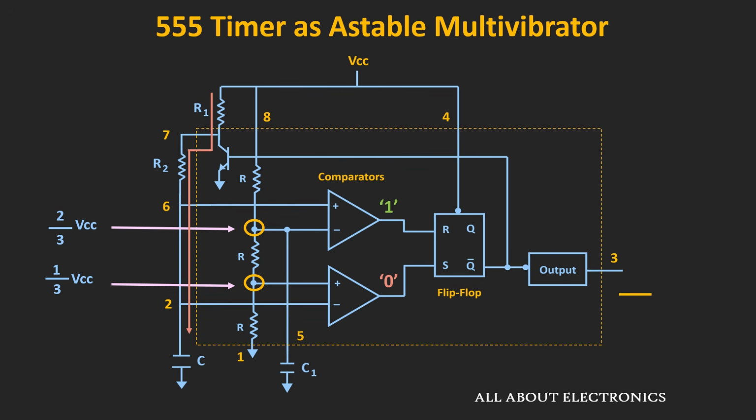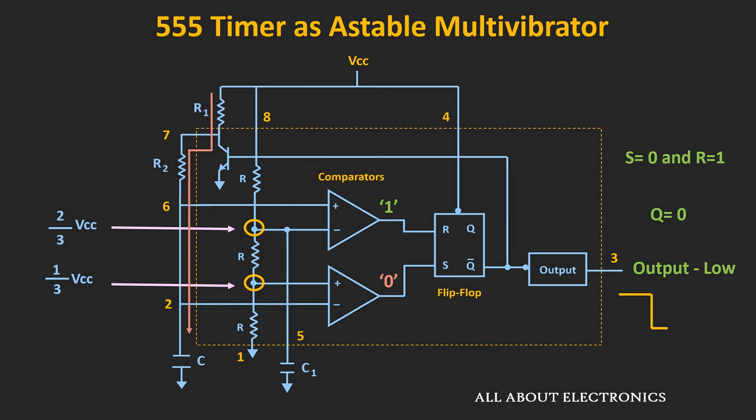So now S is equal to 0 and R is equal to 1. So this flip-flop will get reset to the logic 0 value. And whenever this capacitor voltage just reaches the 2/3 VCC voltage, you will see the transition in the output from logic high value to logic low value.